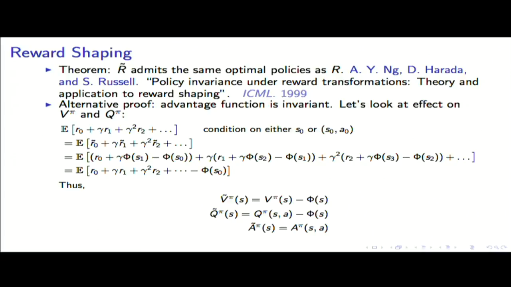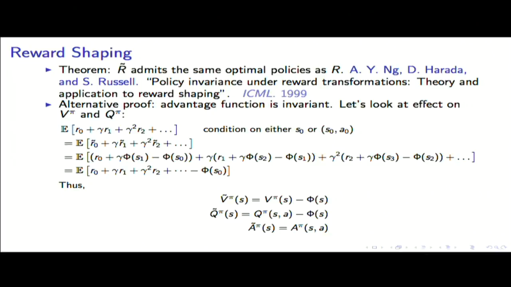So the Q function also gets shifted by phi. That means the advantage function is totally invariant under this transformation, because the advantage is just the Q function minus the value function. So under this reward shaping transformation, if we have a fixed policy, the advantage function is unchanged.